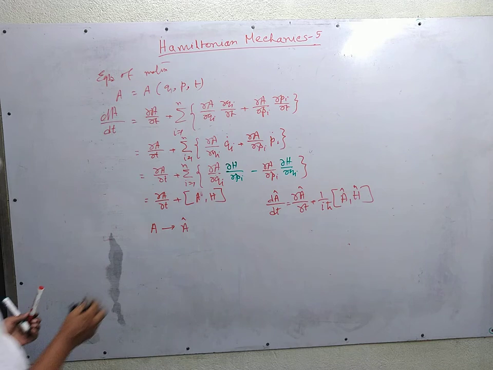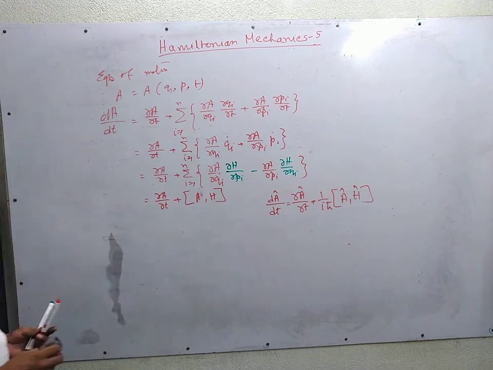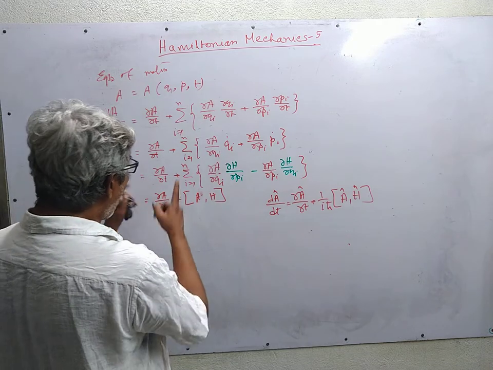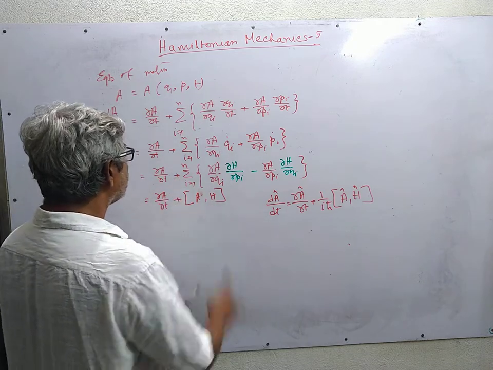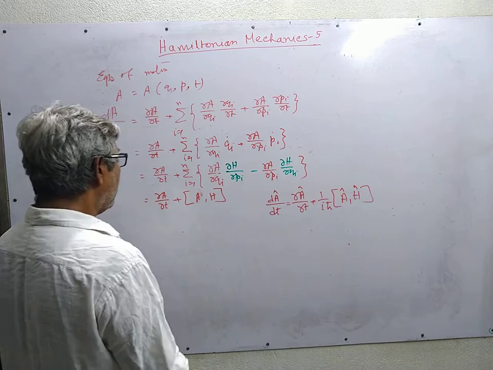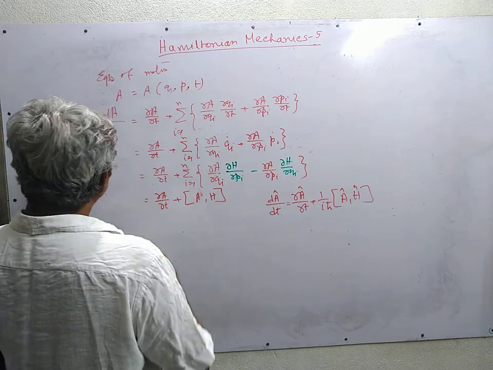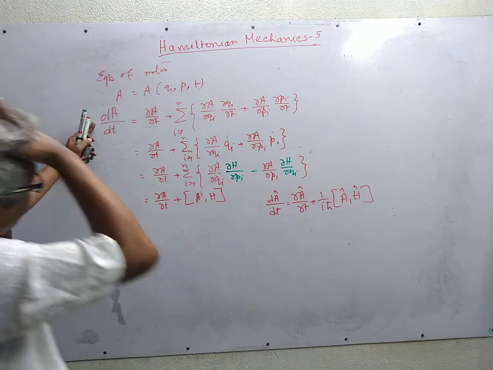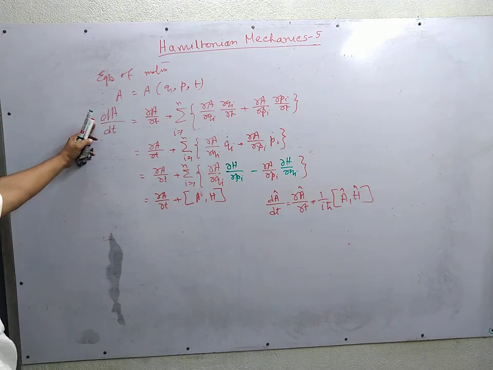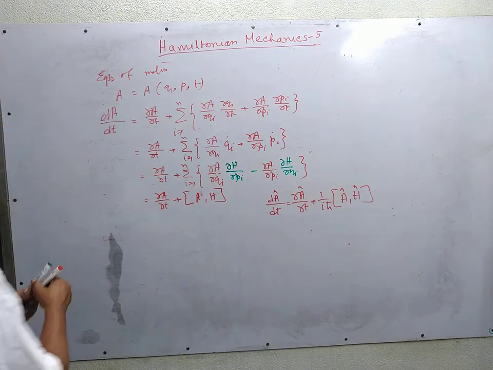Now we come to the equation of motion. If A doesn't have any explicit time dependence, in that case del A del t is 0, and furthermore if the Poisson bracket of A and H is 0, then dA/dt is 0 and A is called a constant of motion.